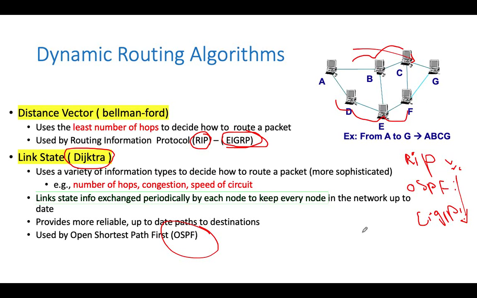But when we talk about a service provider, something like Telstra or Verizon, you have hundreds of millions of customers and hundreds of thousands of routers, actually millions of routers.